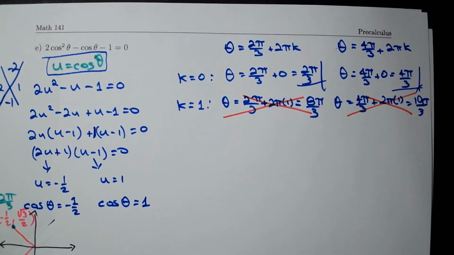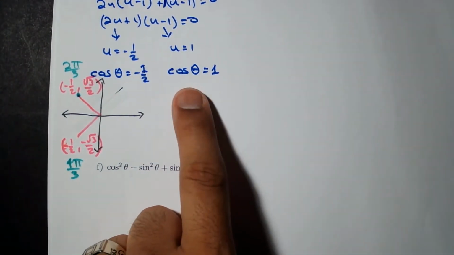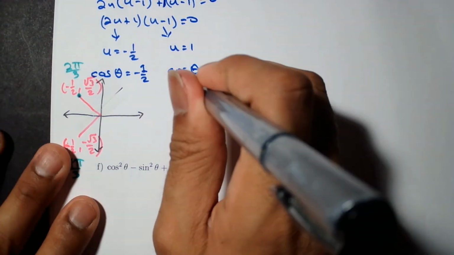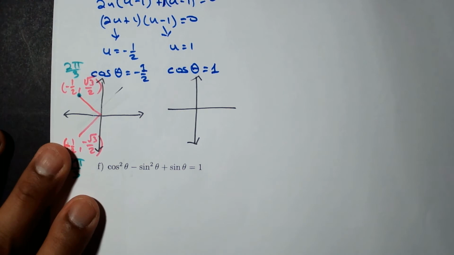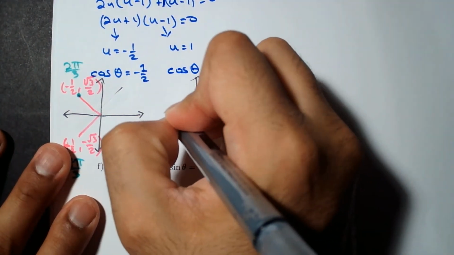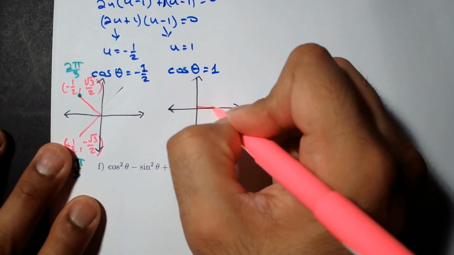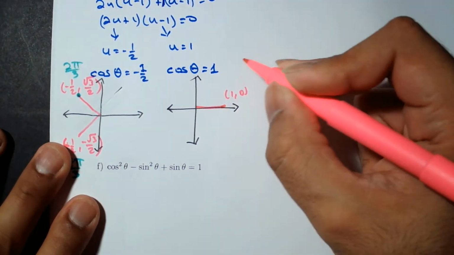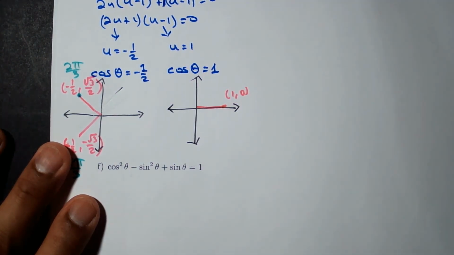But this is not done yet. Why? Because we need to consider the case in which cosine equals 1. And cosine equals 1 is only true for the angle theta equals 0. Why? Because the point (1, 0), the cosine value is related to the x coordinate in the unit circle.